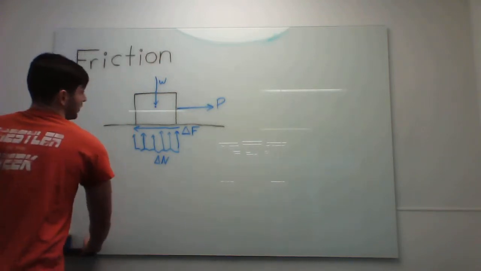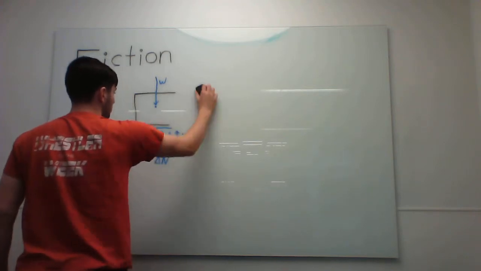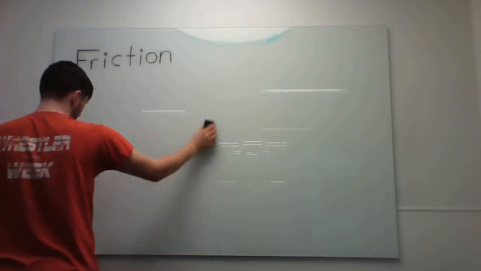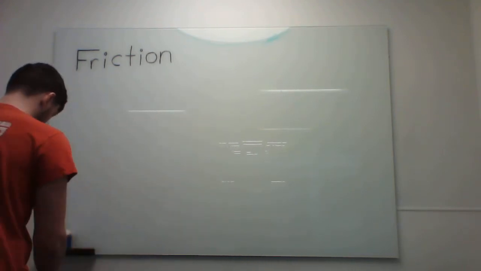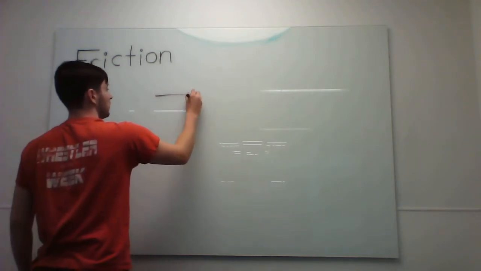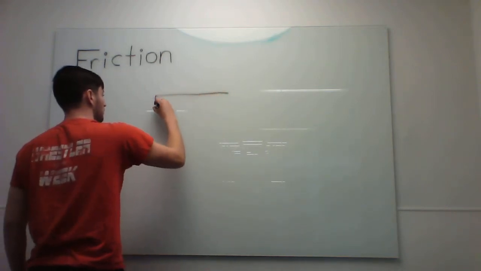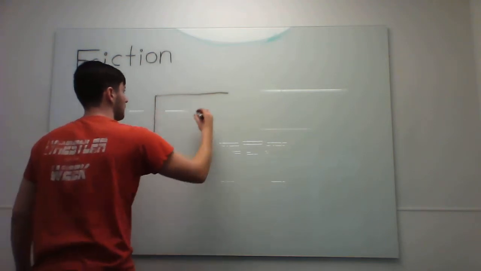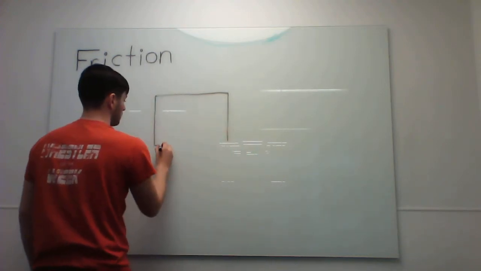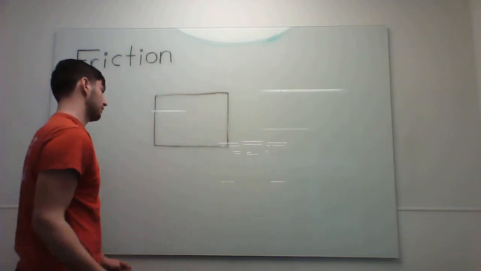Now that we have that, I'm going to make this diagram on a little bit bigger of a scale so we can see some more details for it. Alright, so we have this box again.